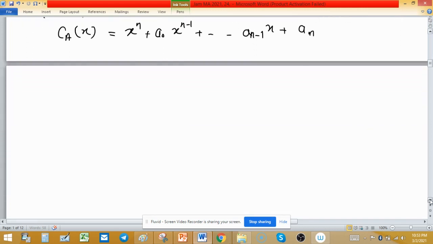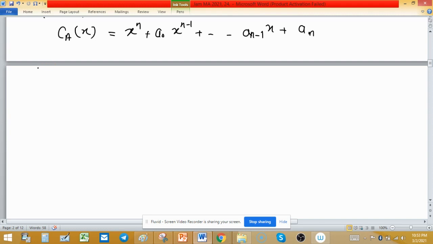And by the Cayley-Hamilton theorem, we know that a matrix satisfies its characteristic equation, or any annihilating polynomial. The Cayley-Hamilton theorem is specified only for the characteristic equation, but a matrix satisfies any annihilating polynomial.